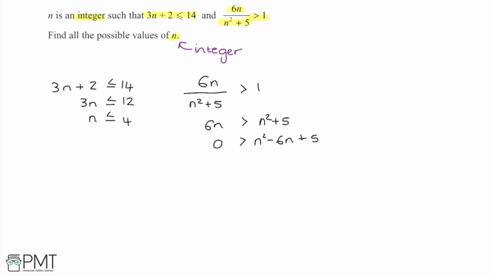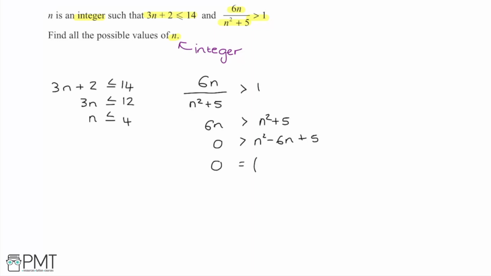Now, in order to find the roots of this equation, so the values of n that basically intersect the n-axis of this graph, which could be changed to x, it's the same sort of thing, I'm going to factorise it. I could use the quadratic formula here, but this is going to factorise really nicely.